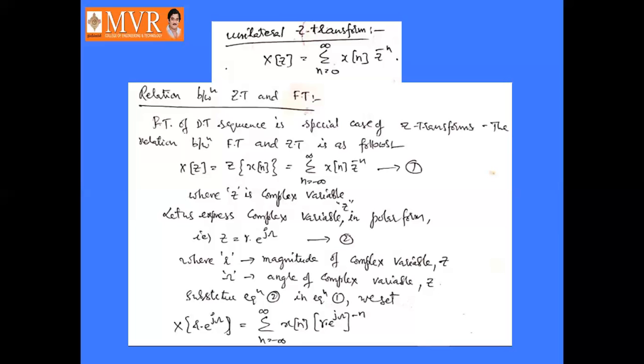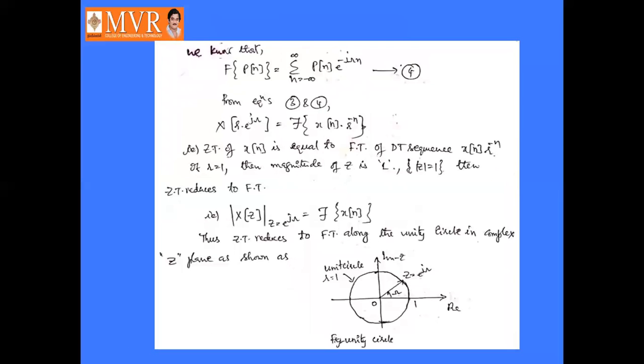Right, now we will substitute equation number 2 in equation number 1. Instead of z, replace z by r into e power j omega, so that equation number 1 will become X of r into e power j omega is equal to sigma n equal to minus infinity to infinity x of n into r e power j omega, whole power minus n, right?